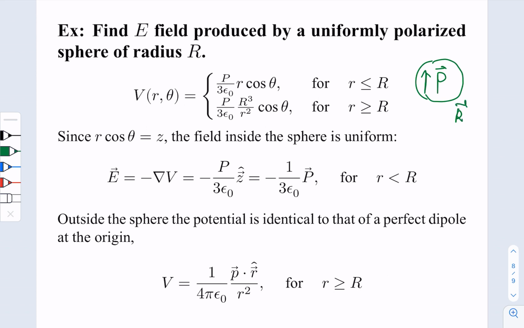When I say uniformly polarized, you have to be careful about the wording here. What do you think would be meant by a uniformly polarized object or a sphere?